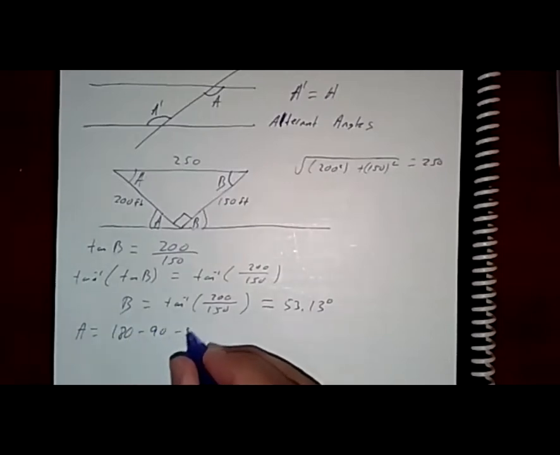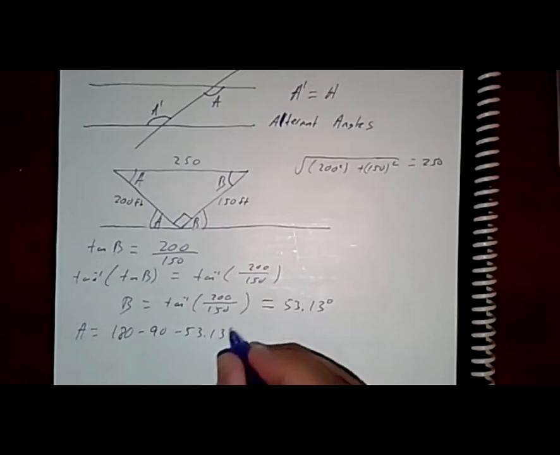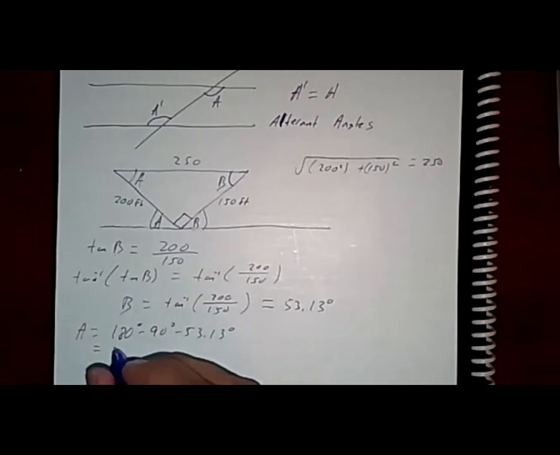Okay, well. So A is equal to 180 minus 90 minus 53.13. What is that going to be? I got 36.87.